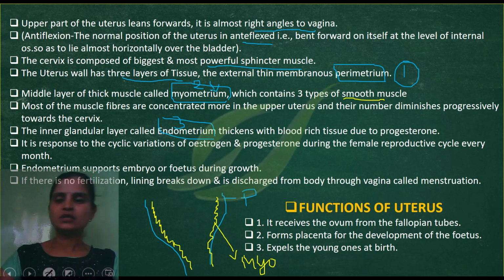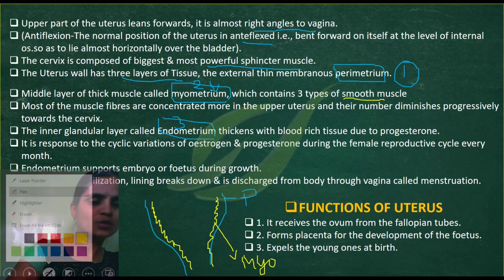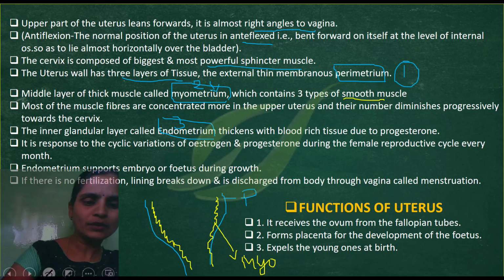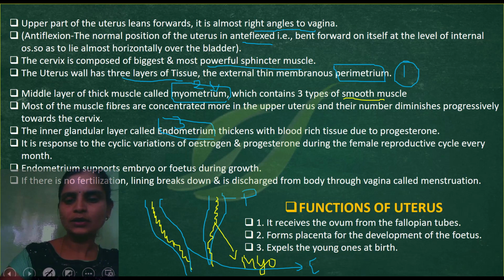Next is the endometrium. The inner wall layer is called the endometrium.